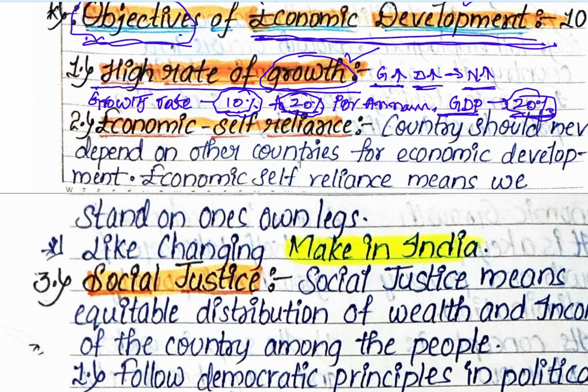The second important objective of economic development is economic self-reliance. Economically, self-reliance means the country should never depend on other countries for economic development purposes.